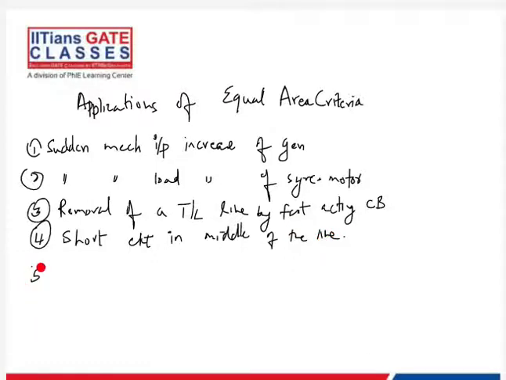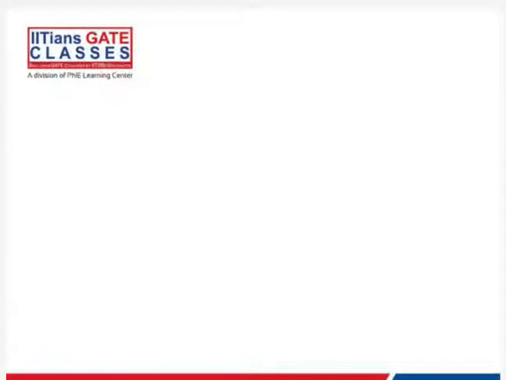Then like these are all different combinations that we can see. Short circuit near bus bar and finally short circuit on bus bar, right? Okay, right. So that is the applications of equilibrium criteria.